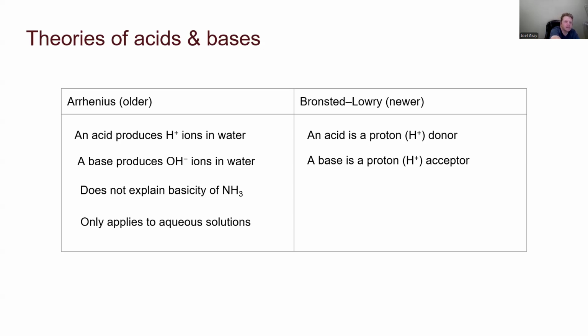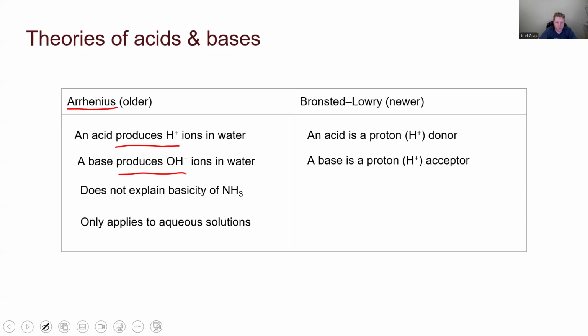And what that means is that this compound that was described as an acid produces a hydrogen ion in water. This hydrogen ion is commonly also known as a proton. If it was an Arrhenius base, it would produce hydroxide ions in water.